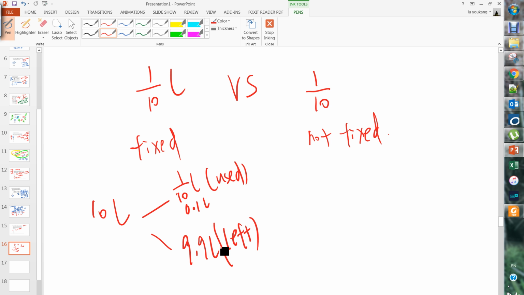Okay, now let's take a look at this. You start with 10 liter. 1/10 is used. How much is left? What's the fraction left? Here is the fraction. 1/10 is used. What is the fraction left? 9/10. Very good. So here, 1/10 of what? 1/10 of which one? What's the value? 10 liters. Why 10? Why not 1?